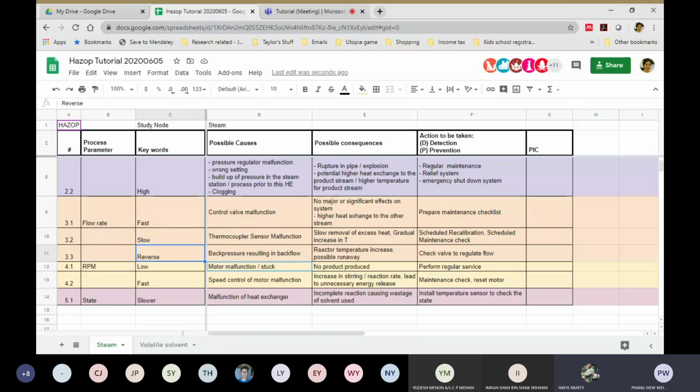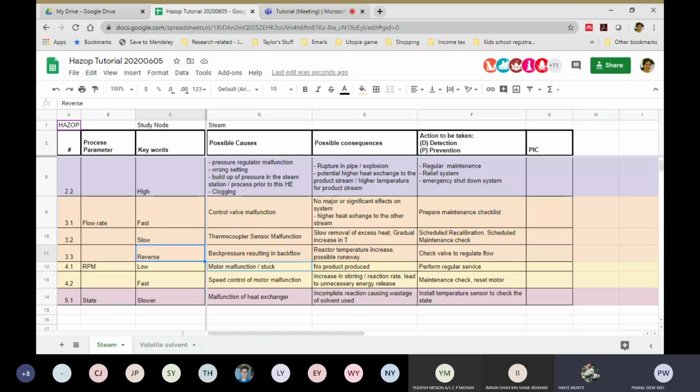So when you say reverse flow rate of the steam, what could cause this back pressure? Back pressure, probably some type of issue along the flow system. Probably there is a possible blockage or crack that is causing back pressure.